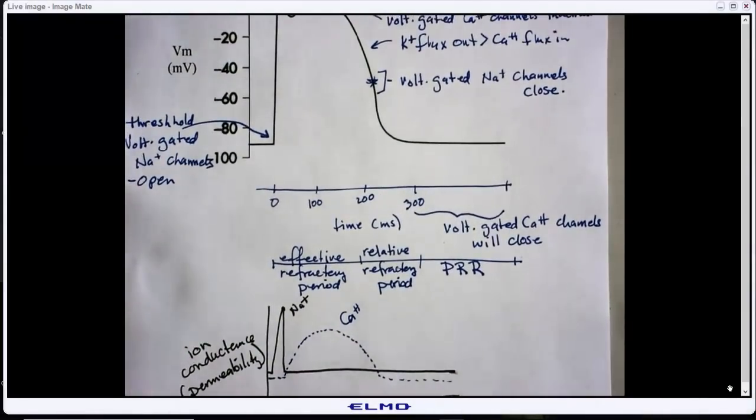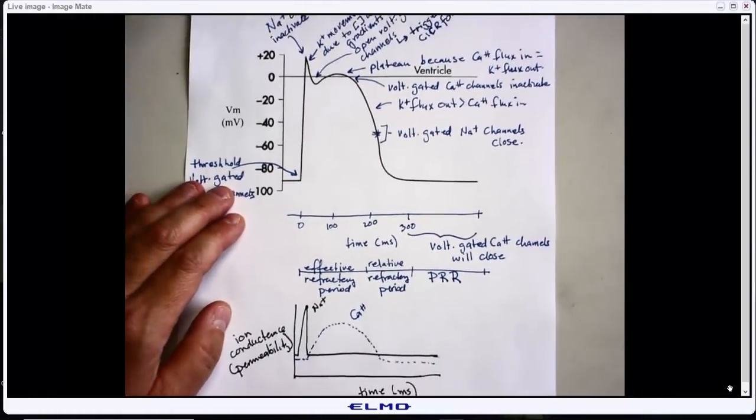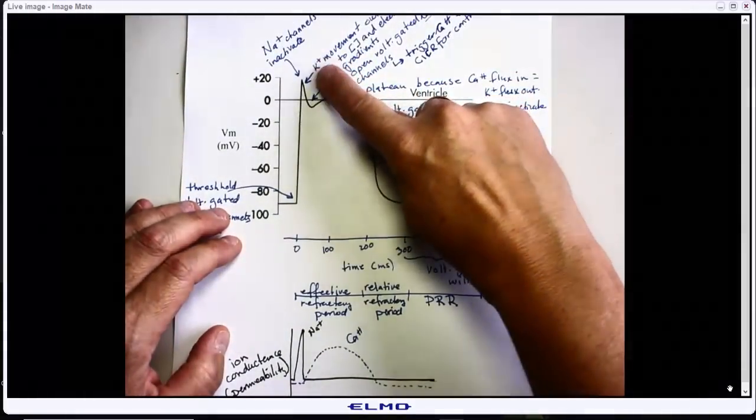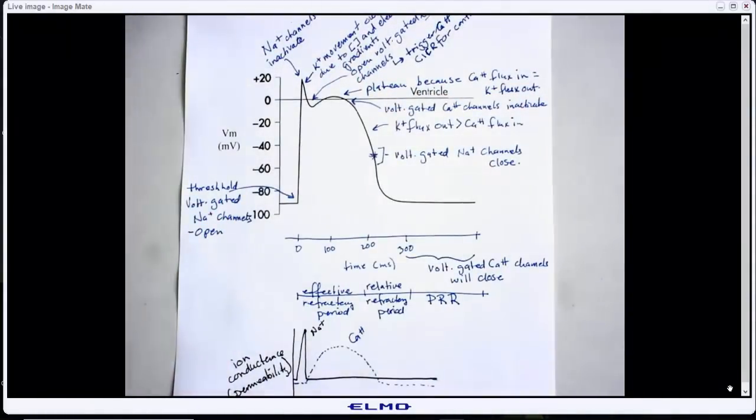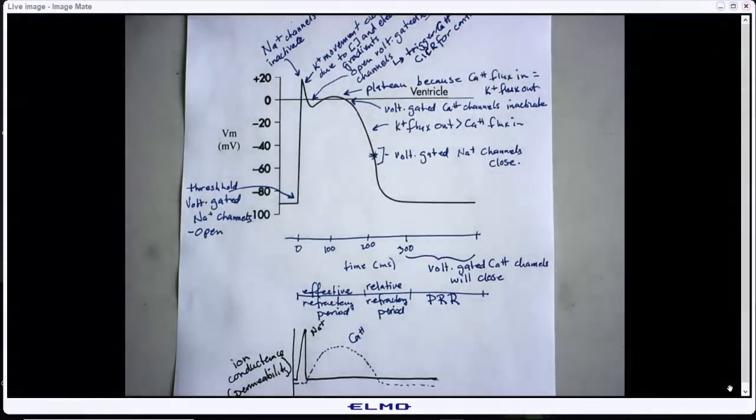Because this action potential is so long, we have to be very careful of that potassium flux. Okay, so that potassium flux that we talked about right here, we have the potential to lose huge amounts of potassium from this cell. So the cell protects itself a little bit by actually decreasing the permeability to potassium.